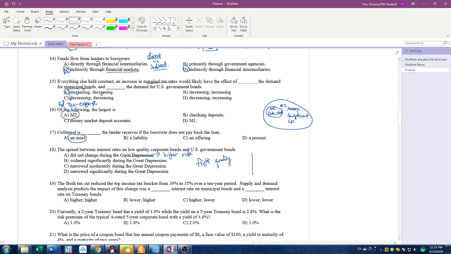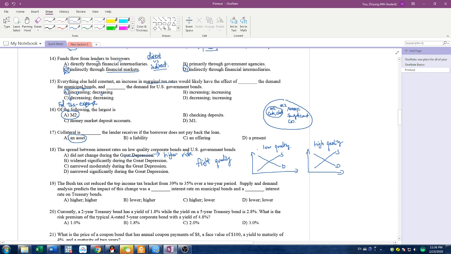So for example, we have two markets over here. The first one is the low quality bond market, and we have a supply and we have a demand. All right, and then we have a high quality bond market where we also have supply and demand.